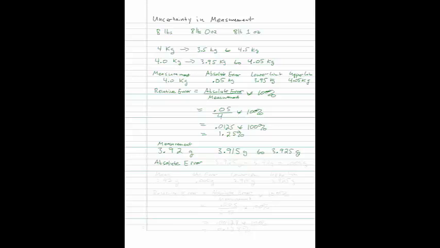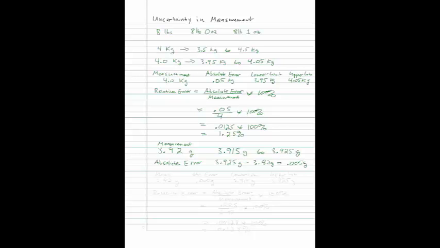That tells us that that's where we're rounding. So we're looking at the third decimal place and rounding it, or our equipment is telling us the best we can do with the equipment is to hundredths. So that would be 3.92 grams. But the absolute error will be 3.925 minus 3.92, which of course will give us 0.005 grams.